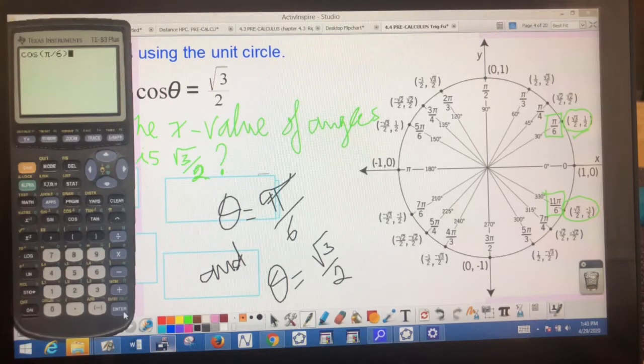Is that the same as root 3 over 2? Yeah. 0.866 is root 3 over 2. If you don't believe that, you can double check your calculator one more time. I'm a believer until I see it, right? I have to see my calculator. I trust this thing more than myself. All right, so you can prove yourself with that other one.